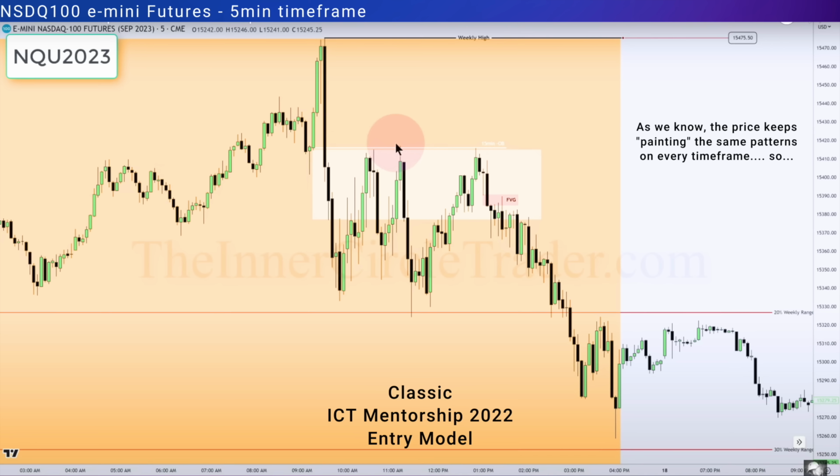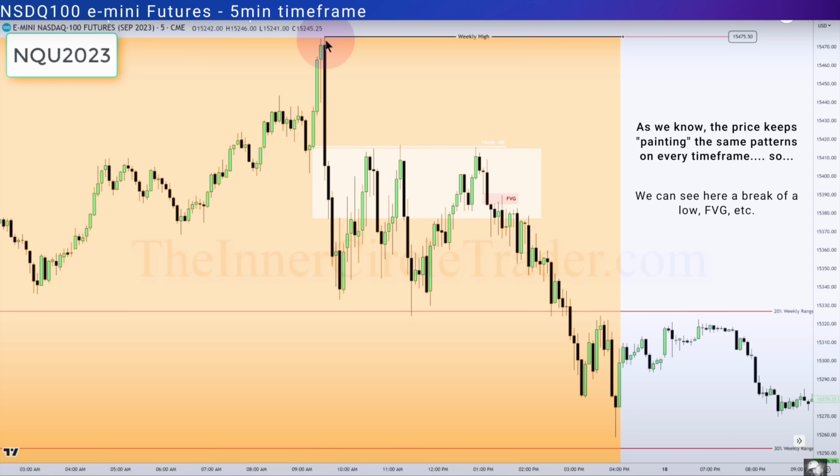We already know that the price keeps painting, keeps showing us the same patterns of every single different time frame. And that also means that we can see here a break of a low, a fair value gap, and the price retracing back into it and then going lower again.